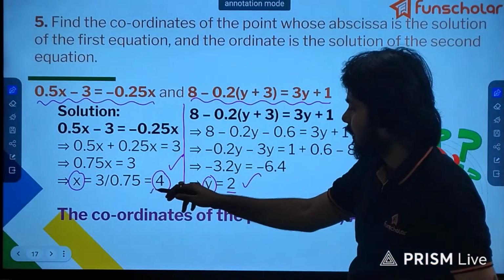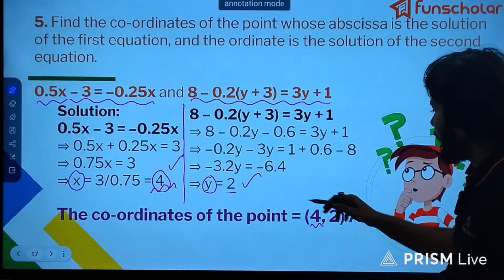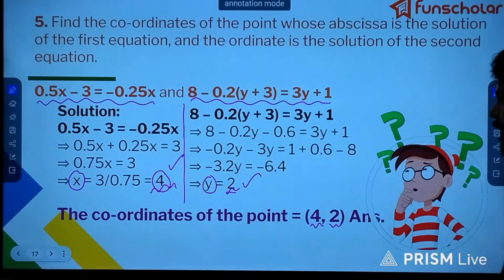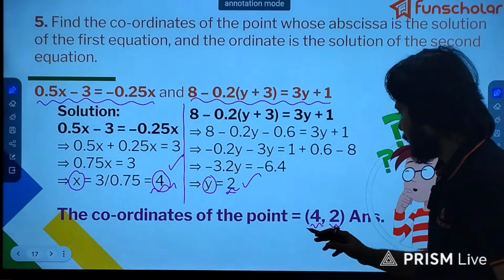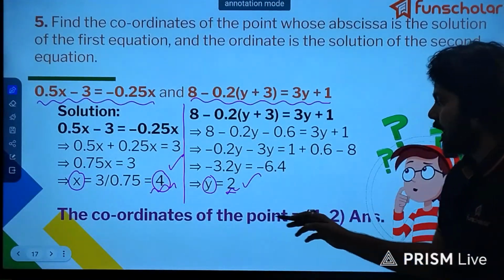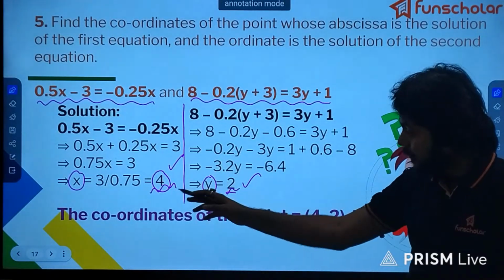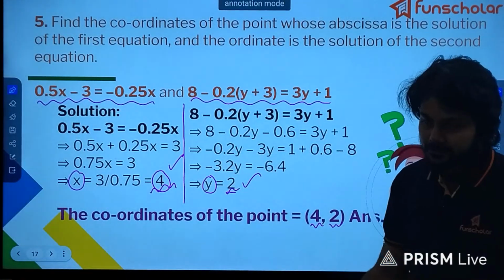Then the abscissa will be x and the ordinate will be y. The value of x is 4 and the value of y is 2. As we always write the abscissa first, the point will be 4 comma 2.